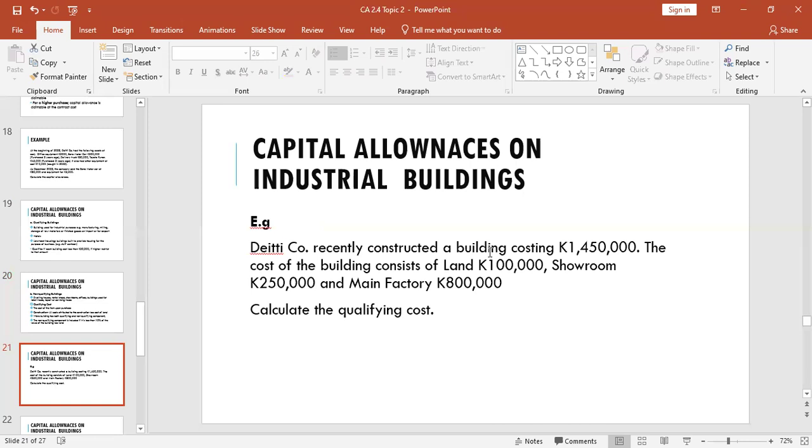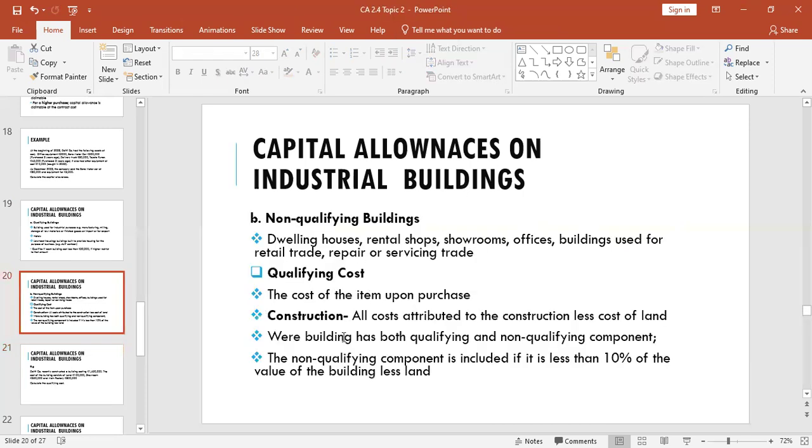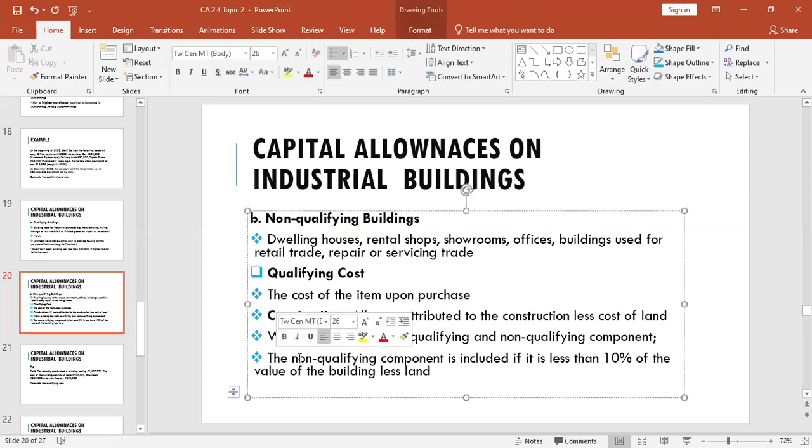I wanted this to be interactive because it's going to be difficult to see if you're following or not, but you should try it. Where a building has both qualifying and non-qualifying components, the non-qualifying component is included if it is less than 10% of the total value of the building less land.